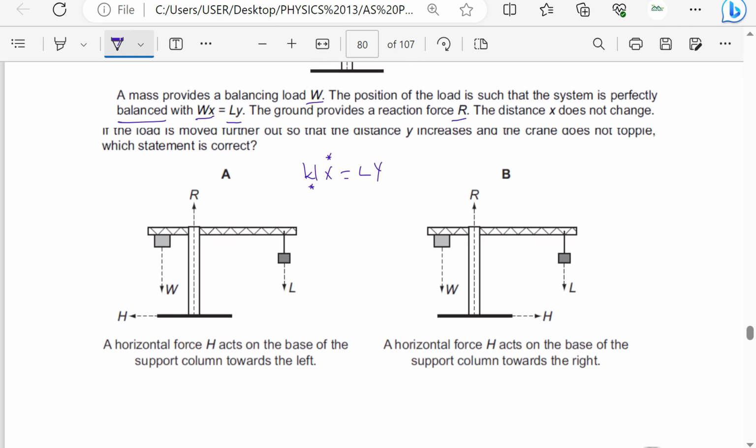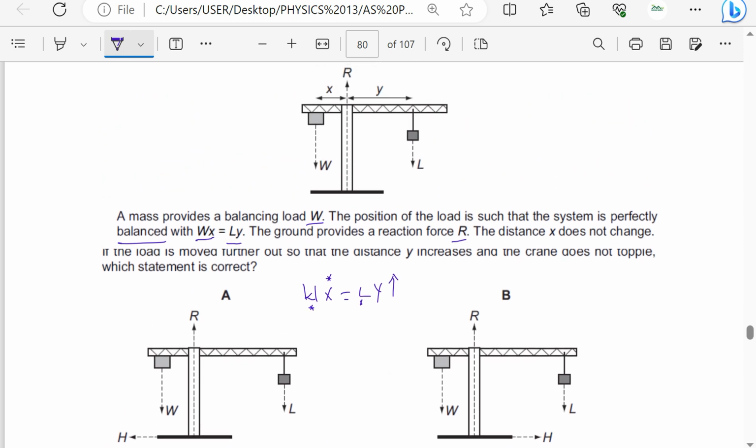Let's check A. A horizontal force H acts on the base of the support column towards the left. They said the distance y increases. Of course, L is not changing. If the distance y increases, we move this one further.